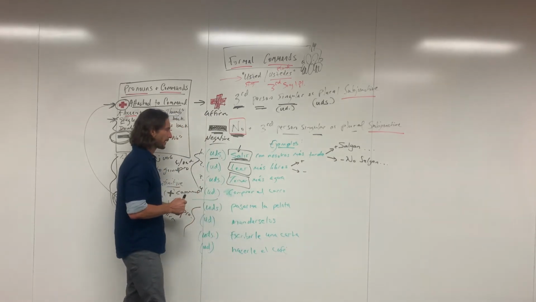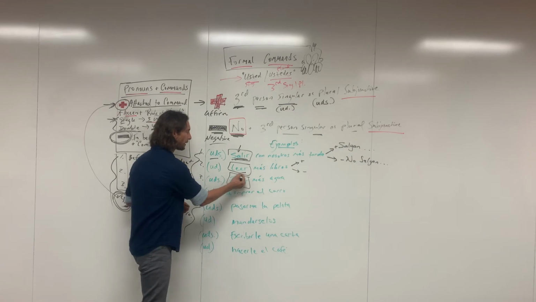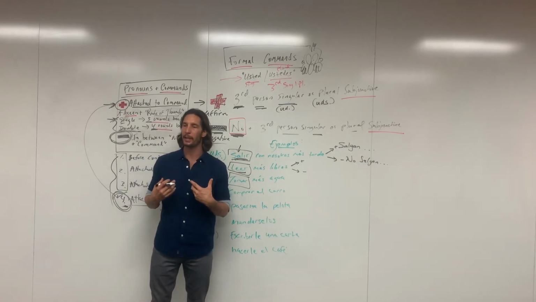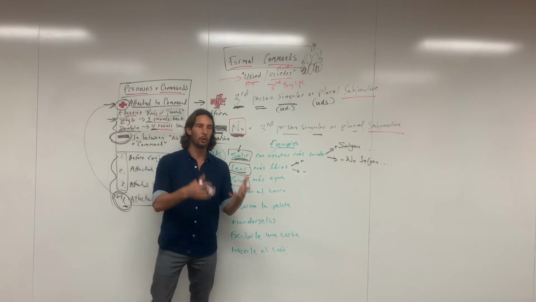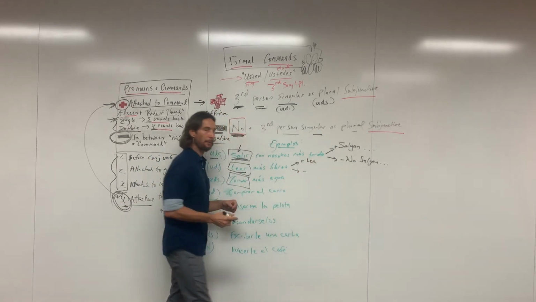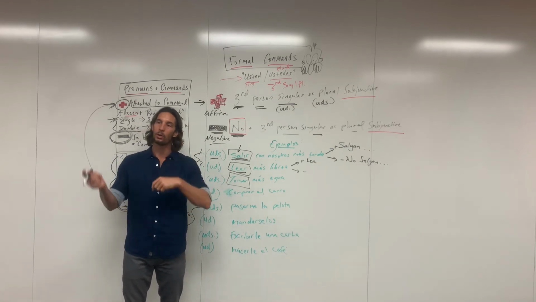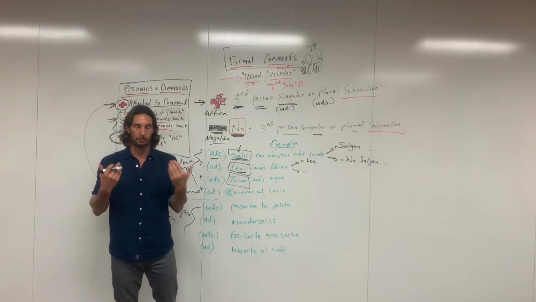Let's check out this next one here. I'll write the full one out because it's not as long. So we have leer más libros, and we have usted. So we want to say, you, formal, read more books. In the affirmative, we'd say lea, because remember, yo leo, drop the O, add the opposite ending. That's the subjunctive.